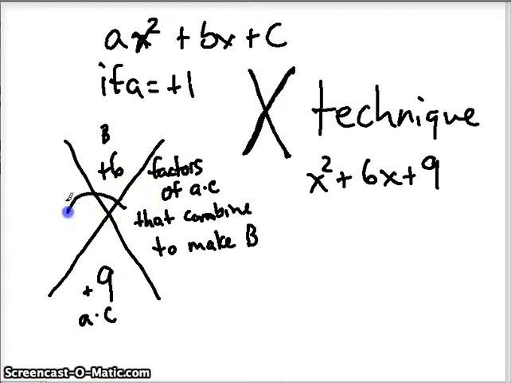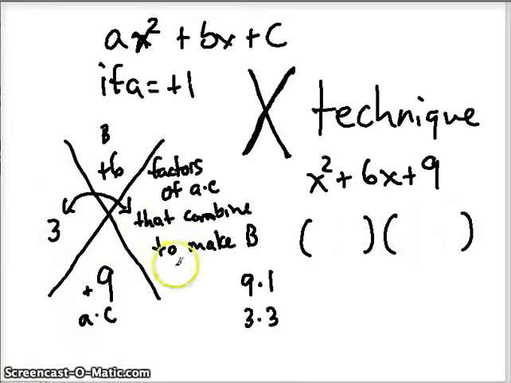So that's going to be on the other side as well, both of these sides. So let's think about it. Factors of 9 that add up to positive 6. Well, factors of 9 are 9 and 1, and 3 and 3. Well, 3 plus 3 gives me 6, and 3 times 3 gives me 9. So those are going to be the factors that I use.